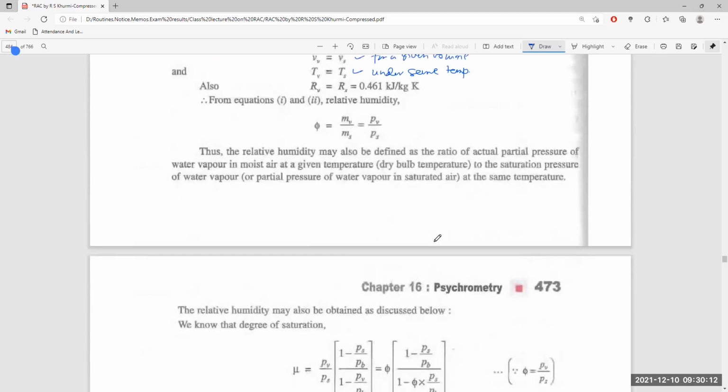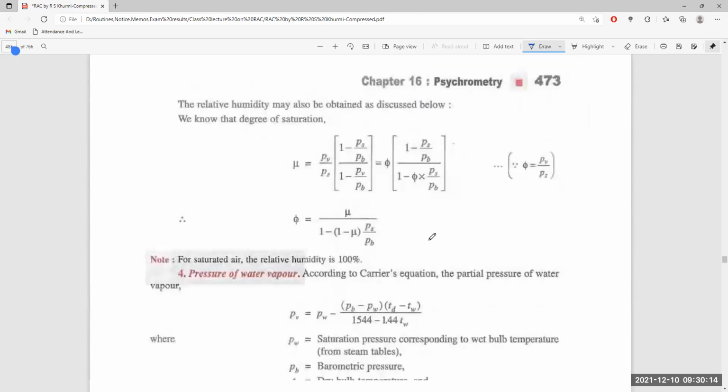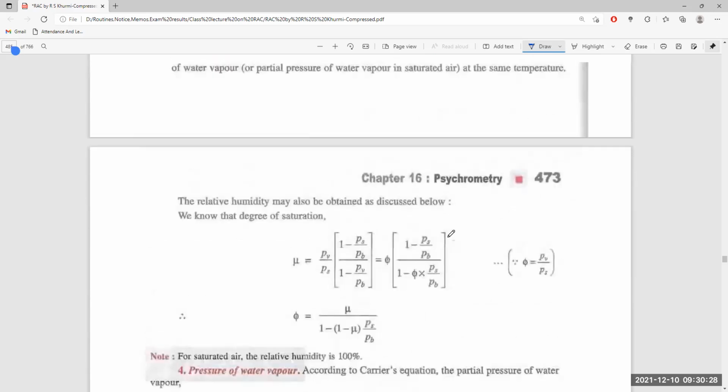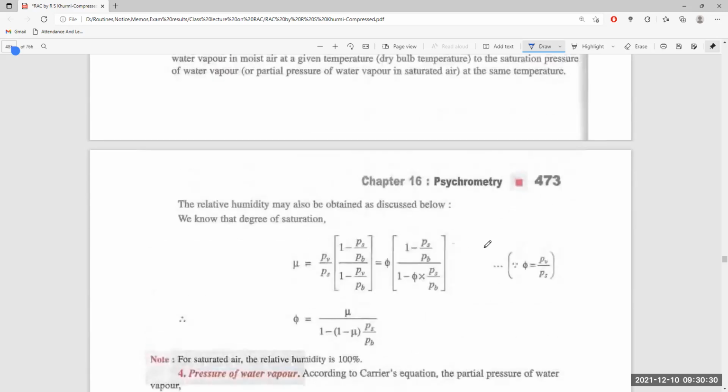It is the humidity ratio in terms of relative humidity. So here phi is equal to Pv by Ps, and phi multiplied by Ps by Pv, 1 minus Pv divided by Ps.